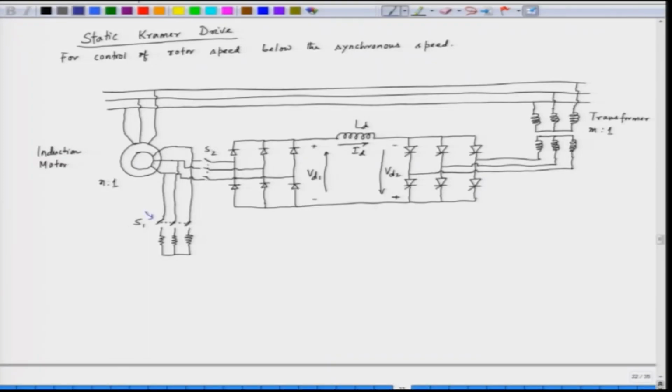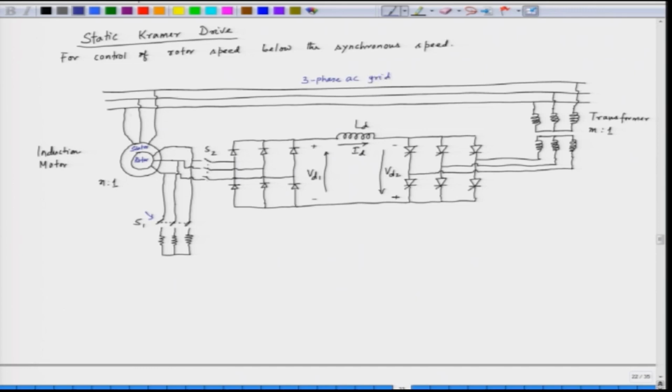As a result, this is our rotor circuit, and we have the stator. In this case, the stator is fed from the 3-phase supply, this is our 3-phase AC line, the AC grid.